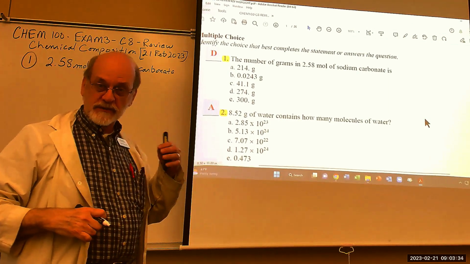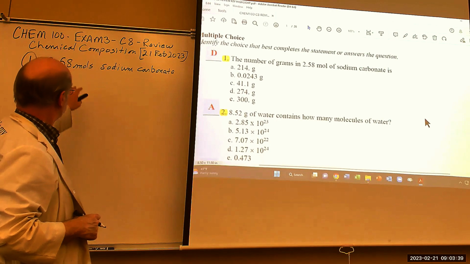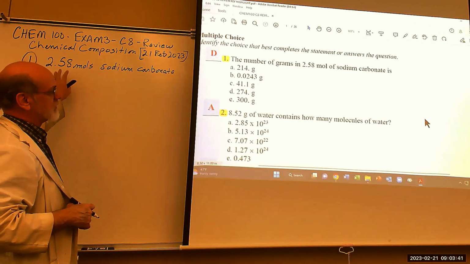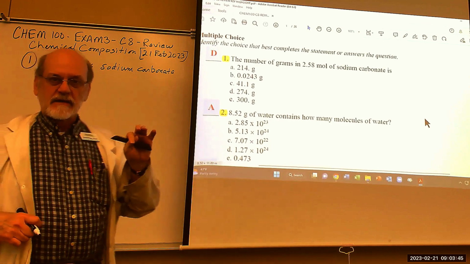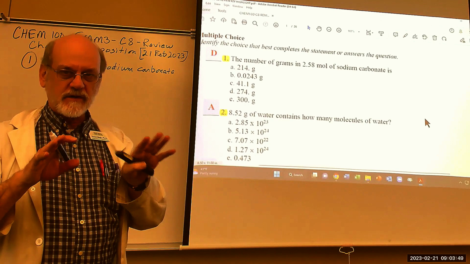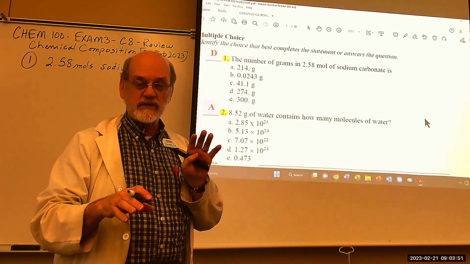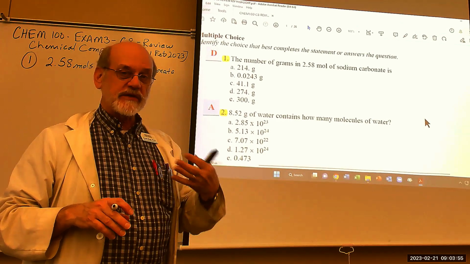The number of grams of that compound if we have this many moles. So when you see those two terms together, grams and moles, one of them is a question, how many moles or how many grams? That's usually a one-step process.